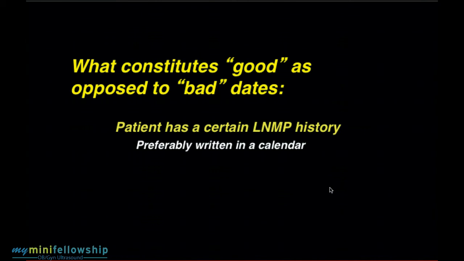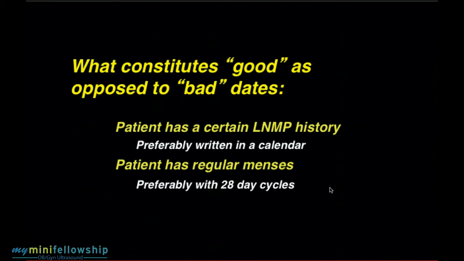And also, the person interrogating them has explained that they're looking for the first day of their last normal menstrual period because patients will often remember the last day. The patient needs to have regular menses, and preferably with a 28-day cycle.